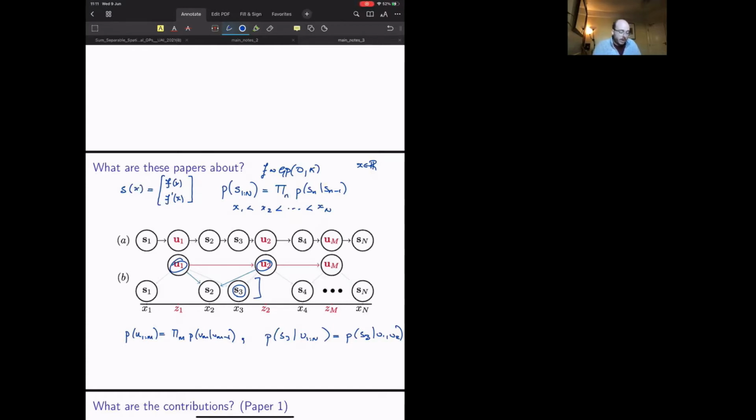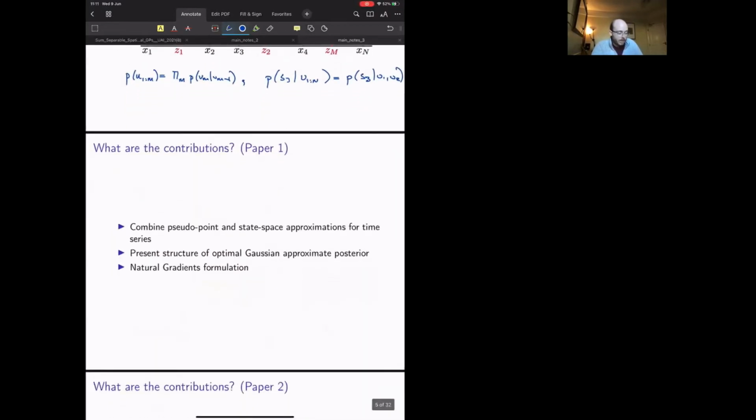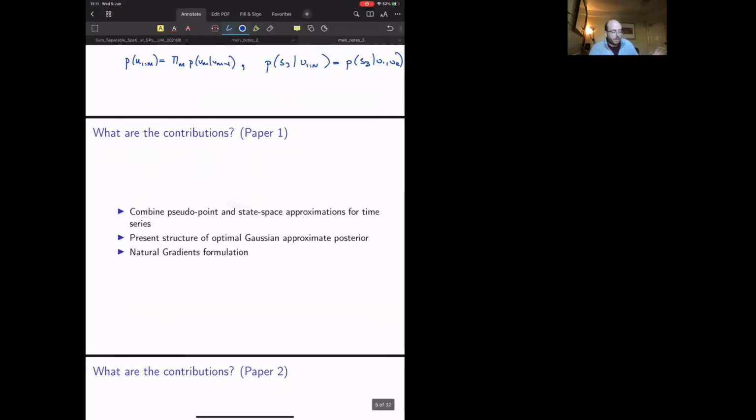So as I see it, the main contributions of this work are: the first paper frames the setup, shows how to do variational inference in this, at least one way of doing variational inference, shows what a good family of Gaussian approximations is to consider, and shows how to do some natural gradient stuff to find the parameters of that Gaussian.